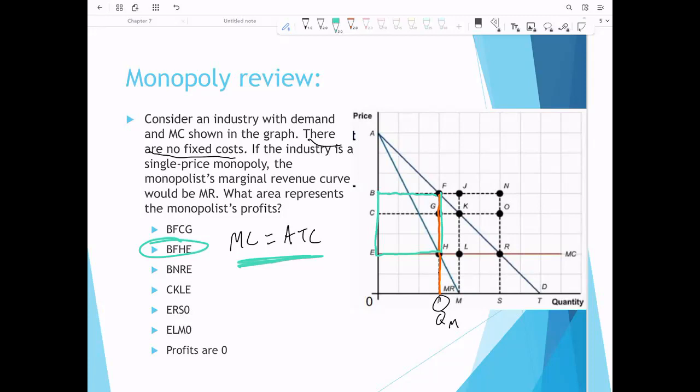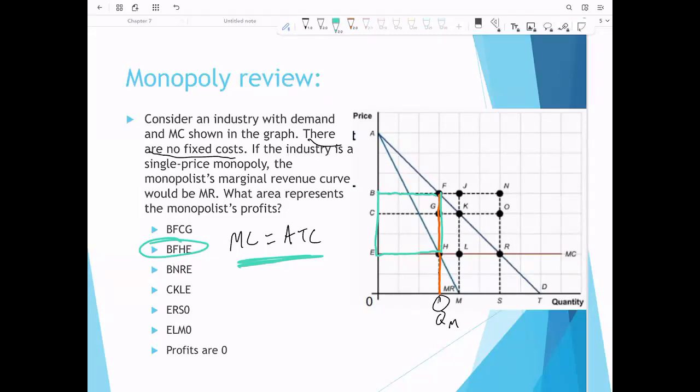We know the demand curve, the marginal revenue curve, and the marginal cost curve, we're given them. Those three things help us get the marginal cost and marginal revenue, which gets us the quantity. Then once we have the quantity and the demand curve, we can get the price, by plugging our quantity into the demand curve.